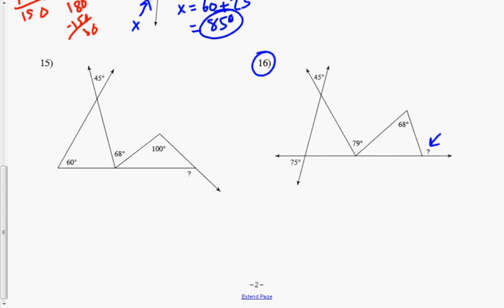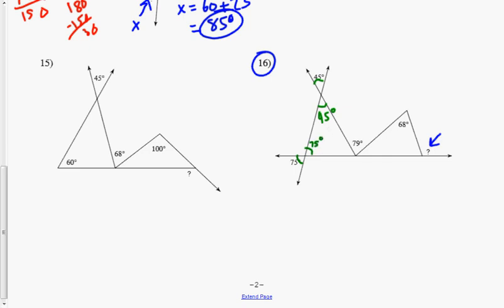First of all, I see some vertical angles. The 45-degree angle is a vertical angle with this one, which means this is also 45 degrees. I love vertical angles. You don't have to do any work, and we know that they're the same because they're at the same intersection just across from each other. Same thing here. The 75-degree angle's vertical angle would be 75 degrees. Piece of cake.